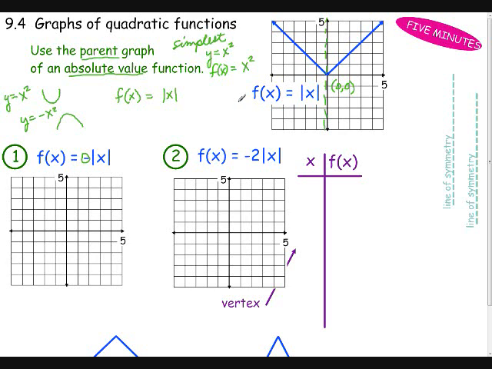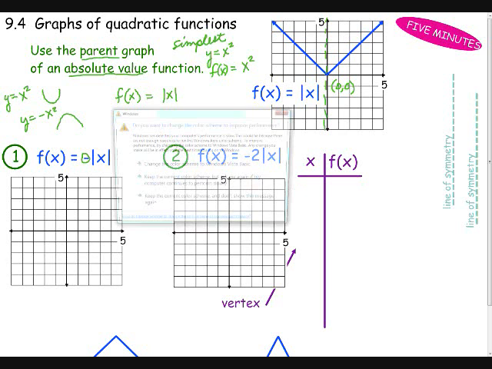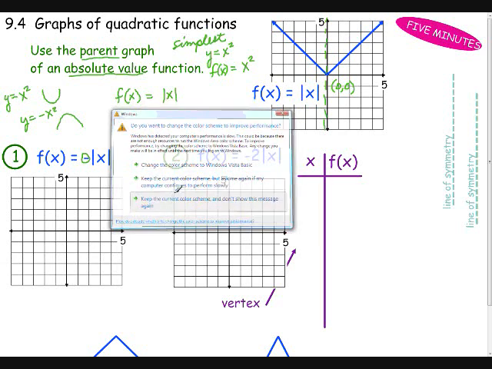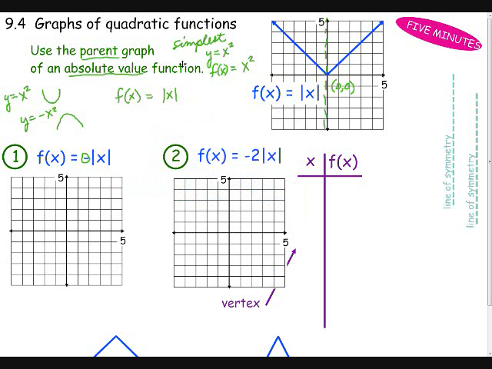So if instead of having function f of x equal to absolute value, I say it's negative 1 times the absolute value of x, it's going to turn the whole thing upside down. And I've already graphed this for us. Still, the vertex is in the same place, isn't it? Notice that?